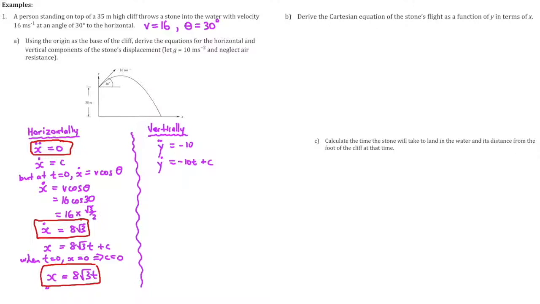Now, I know when t equals 0, that y dot, my vertical velocity, equals v sine theta. That was the very first thing we did, the very beginning of this booklet for this topic. And if I plug in t equals 0, y dot equals v sine theta, that gives me c is equal to v sine theta.